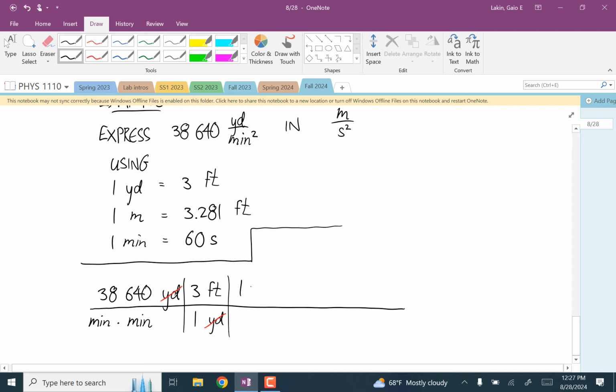So I'll go 1 meter over 3.281 feet. And those cancel. And now you can see we have length units of meters. So now we can move on to converting the minutes to seconds.